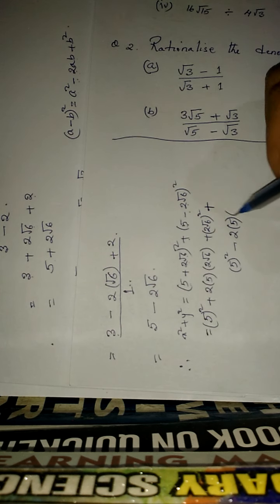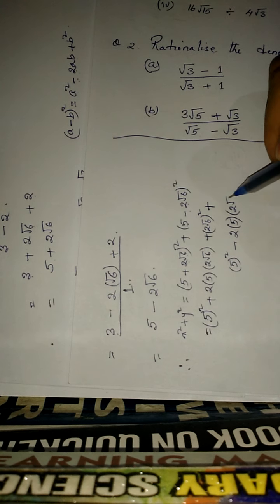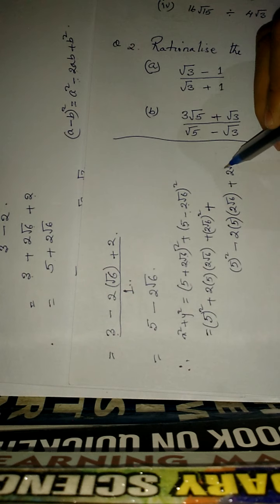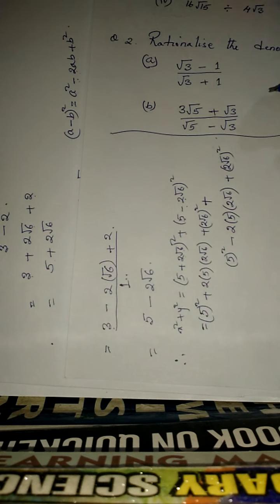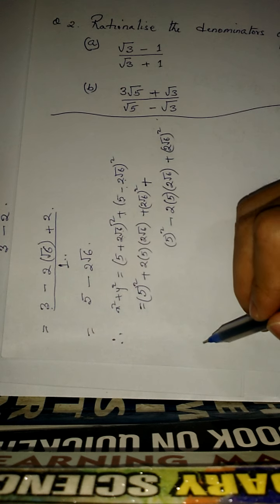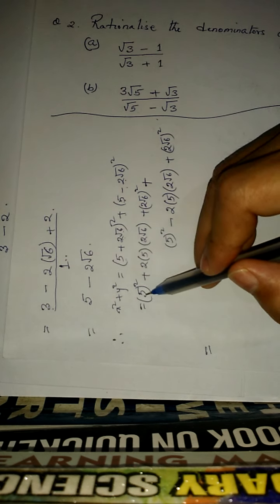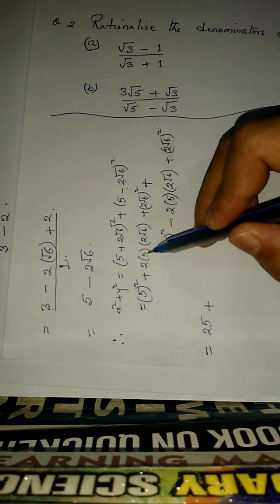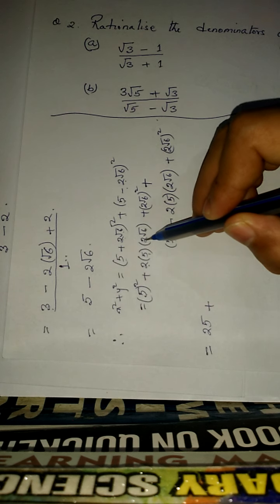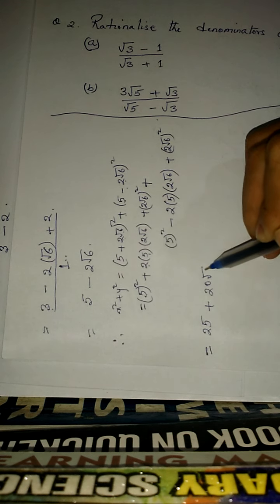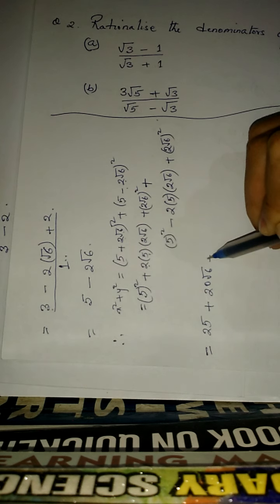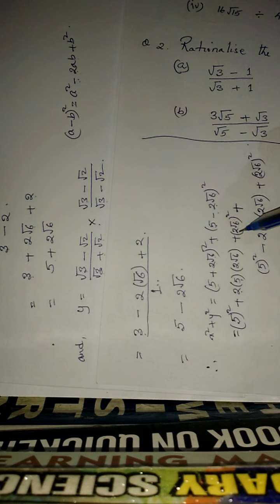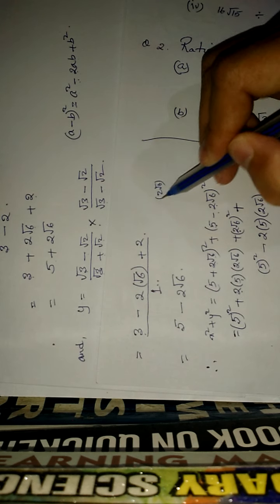5 square is 25, plus 2 times 5 is 10, 10 times 2 is 20 root 6, again plus here, 2 root 6 squared is equal to 2 square into root 6 into root 6. 2 square is 4, and root 6 times root 6 is 6, and 4 times 6 is 24.